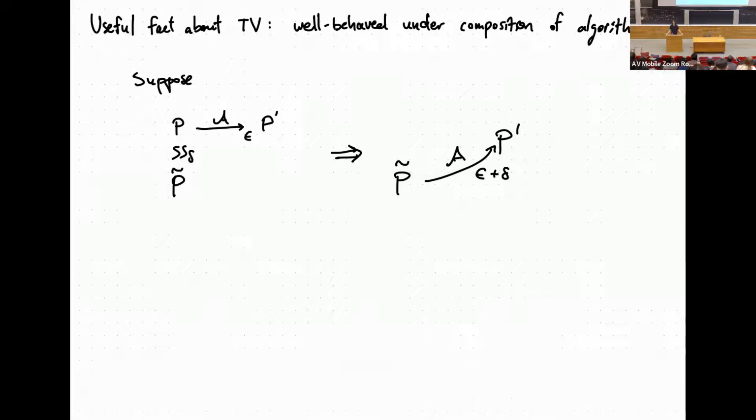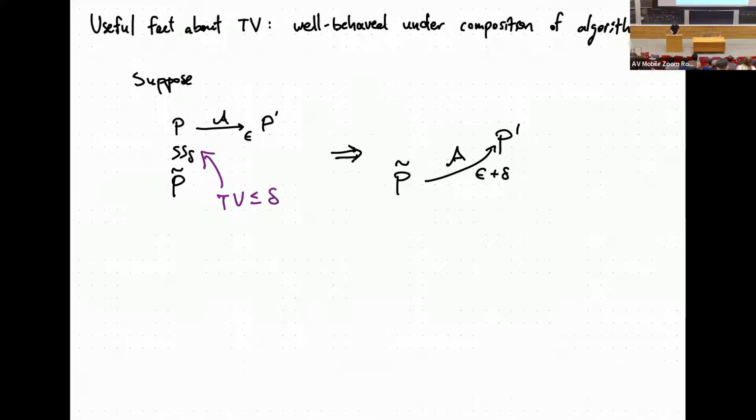Right, so what this is saying is that you don't even need the input to exactly be the thing you hope it is. It can be something that's close, and then your output will still be close where it's now an added delta distance.